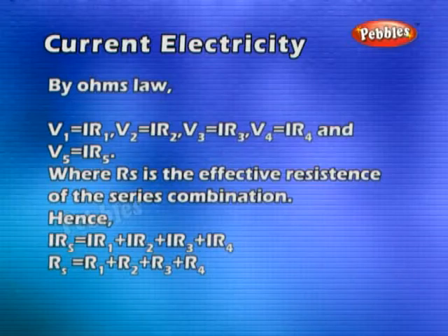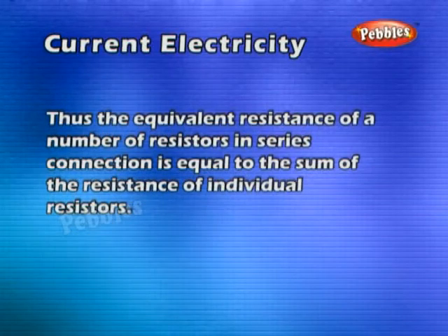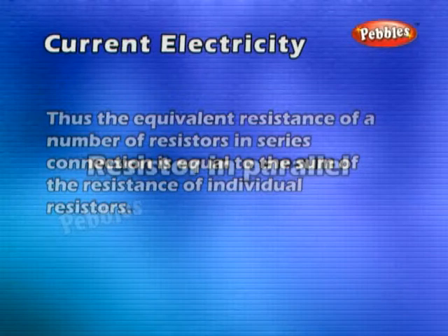Hence, IRs = IR1 + IR2 + IR3 + IR4, so Rs = R1 + R2 + R3 + R4. Thus, the equivalent resistance of a number of resistors in series connection is equal to the sum of the resistances of individual resistors.